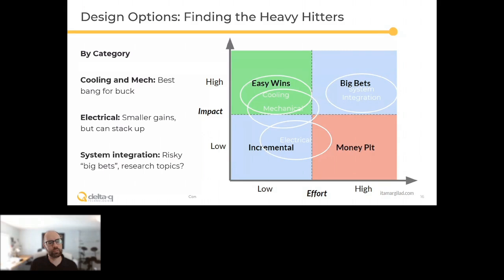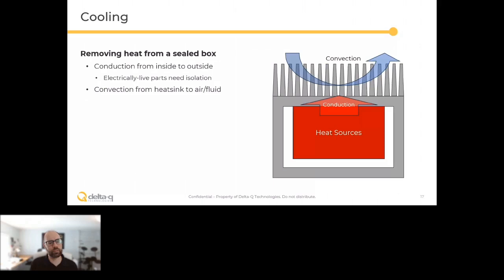So let's look at these in that order, starting with the cooling. Cooling, I'm talking here about onboard chargers that are sealed and are waterproof, so IP67 typically. So what that means is that unlike offboard unsealed things where you've got an unsealed box where you can blow a fan through and you can directly cool the heat sources, here the cooling is indirect.